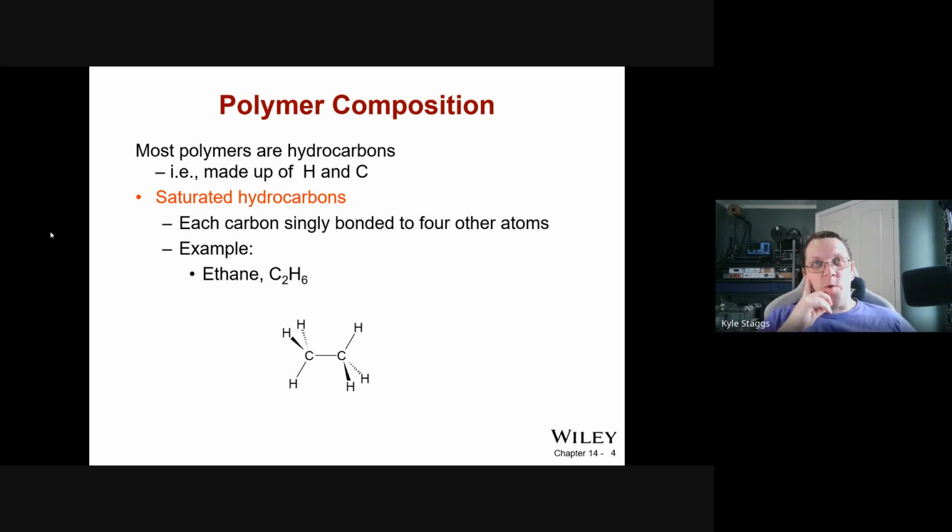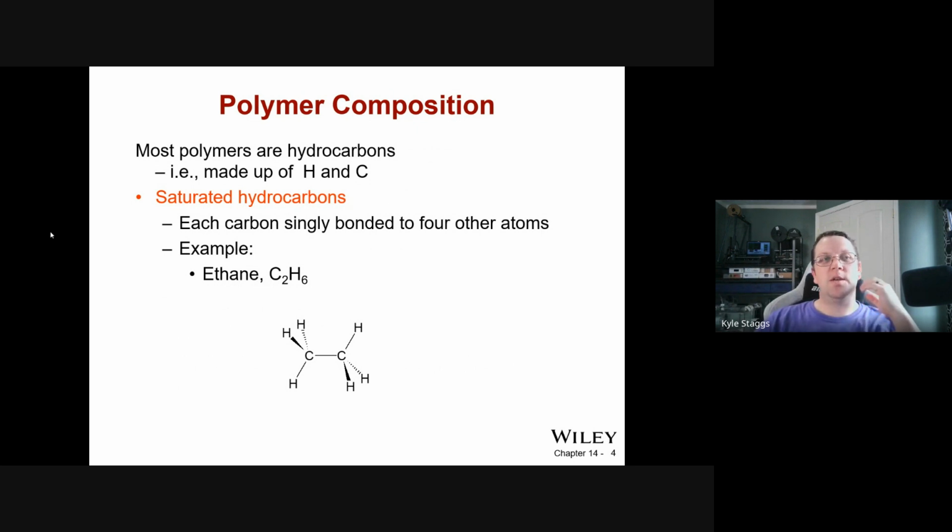So composition-wise, there's a lot that's going on here. Most of the hydrocarbons themselves are going to be carbon hydrogen. Sometimes there's a substitution. So the core backbone of a very large number of polymers is ethane. Once you change some of these things, you change the number of bonds, you change the way that these materials behave.